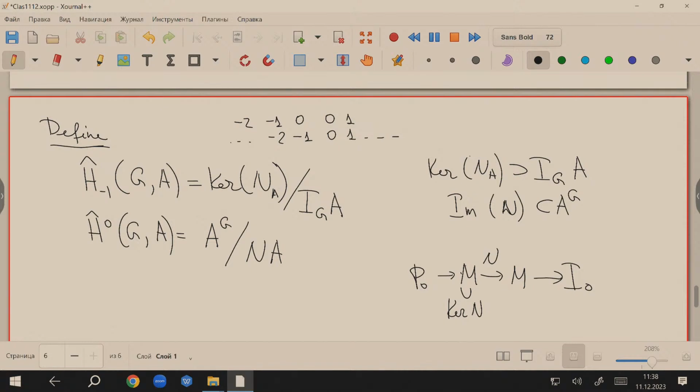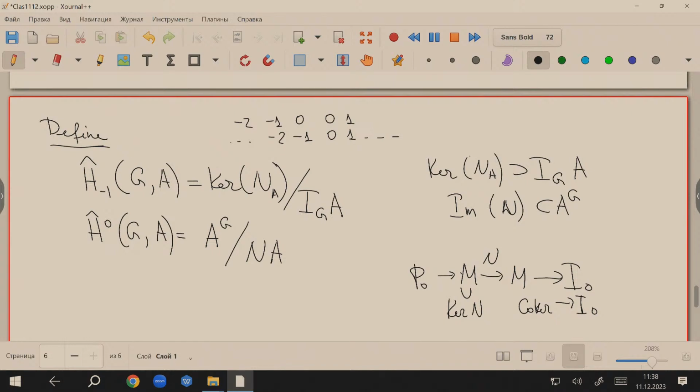So instead of this part, inside I you are considering the cokernel, the map that maps to I0. Then you are applying our functors, invariants and coinvariants, and you get the cohomology theory.